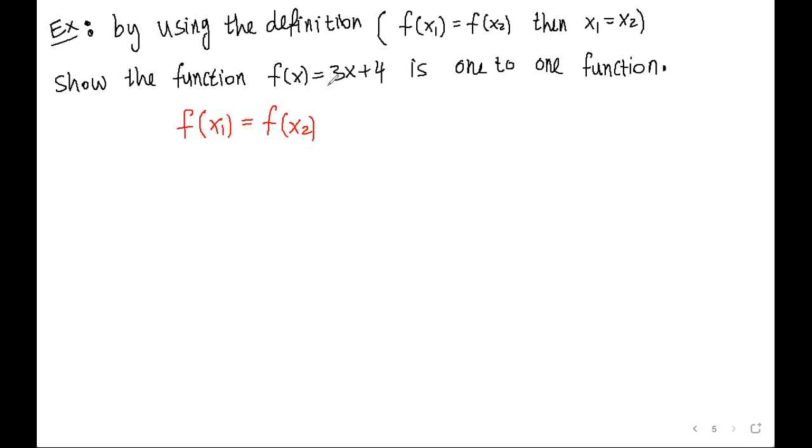I plug x1 inside the function, I get here 3x1 plus 4 equal 3x2 plus 4. Now I have to solve this equation, and in the end, if I find x1 equal x2, then I say yes, this is a one-to-one function. Okay?